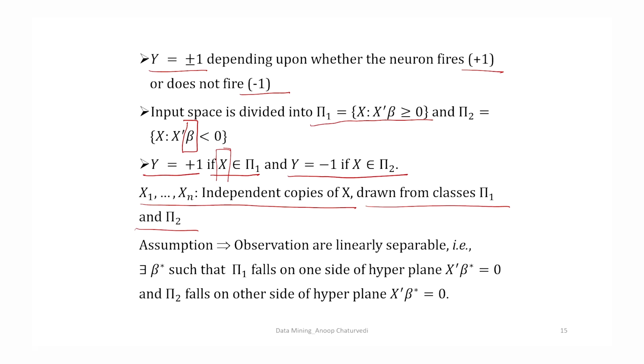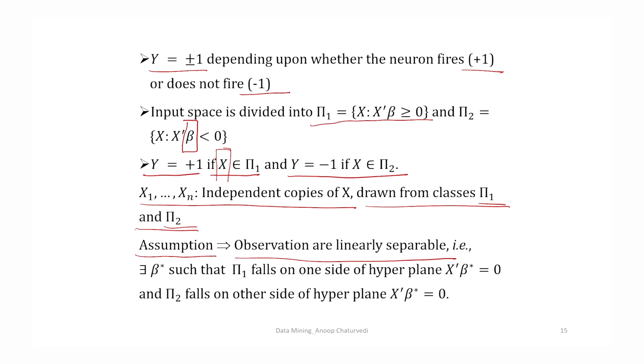So, you have taken independent copies of x's, or independent samples, you can say, on the input variables, and these input variables come from pi 1 and pi 2. Then suppose the assumption that the observations are linearly separable is satisfied.